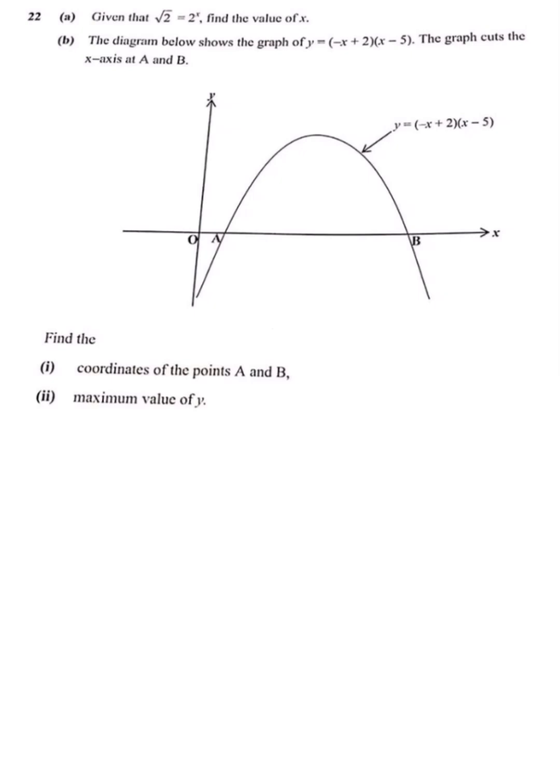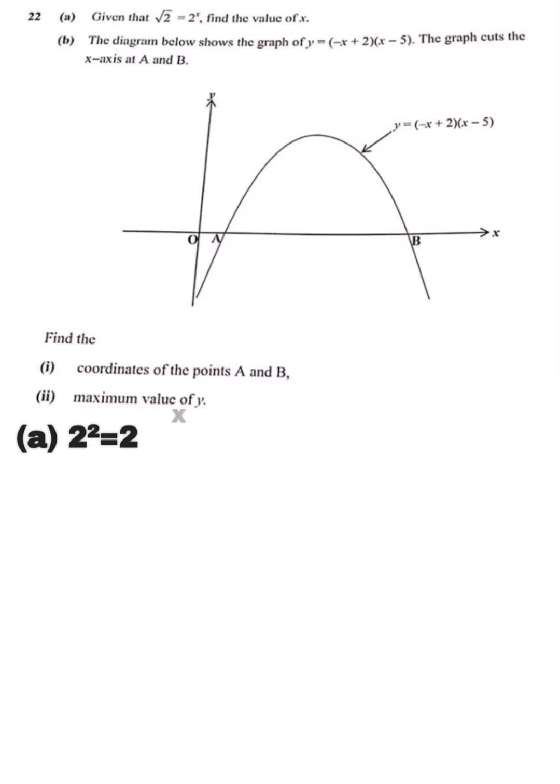Since I have the square root of 2 equal to 2 to the power x, and I'm finding the value of x here, this square root of 2 can be written in this form, as 2 to the power 1/2.